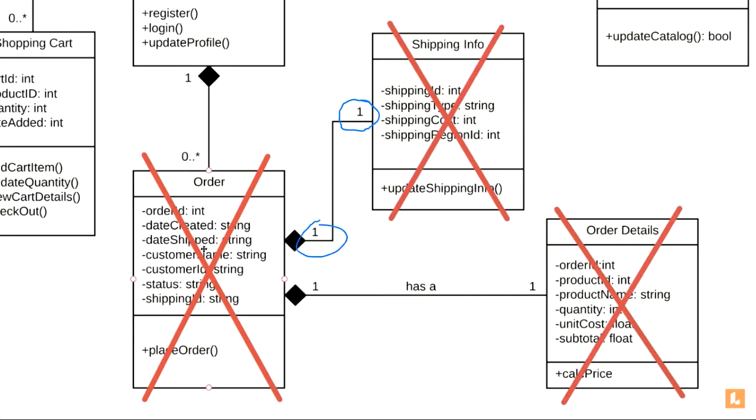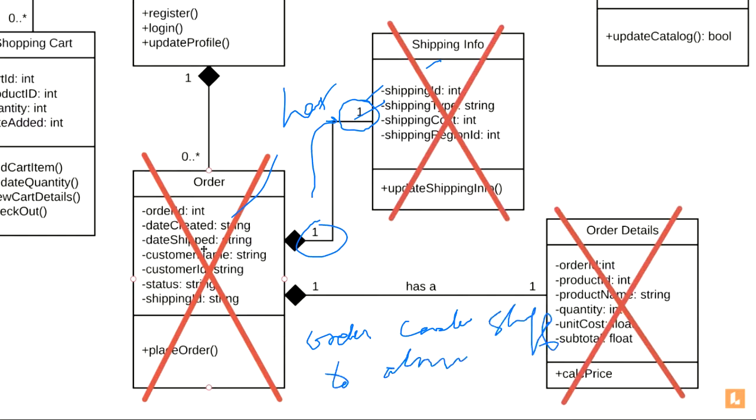Order can be shipped to at most 2 places only. It will come here, right? Because to read this we come from here, and we write has. Order has something as shipping info. So I'm saying an order can be shipped to at most 2 shipping addresses, right?